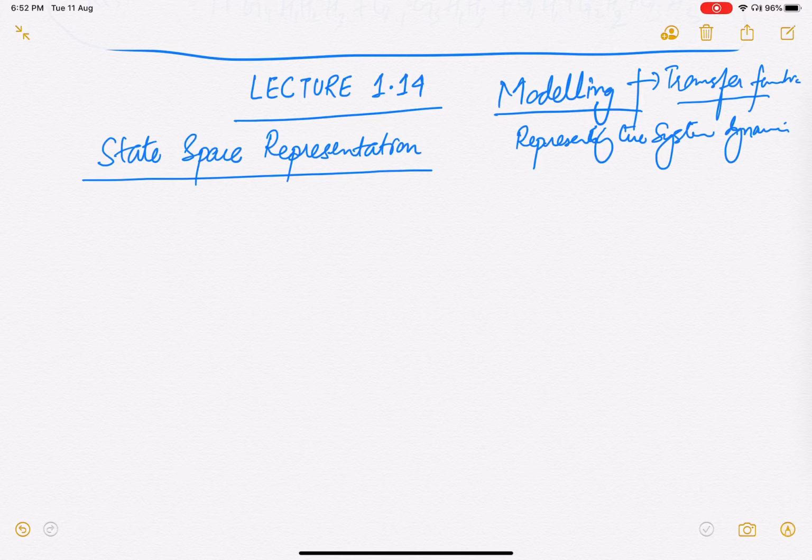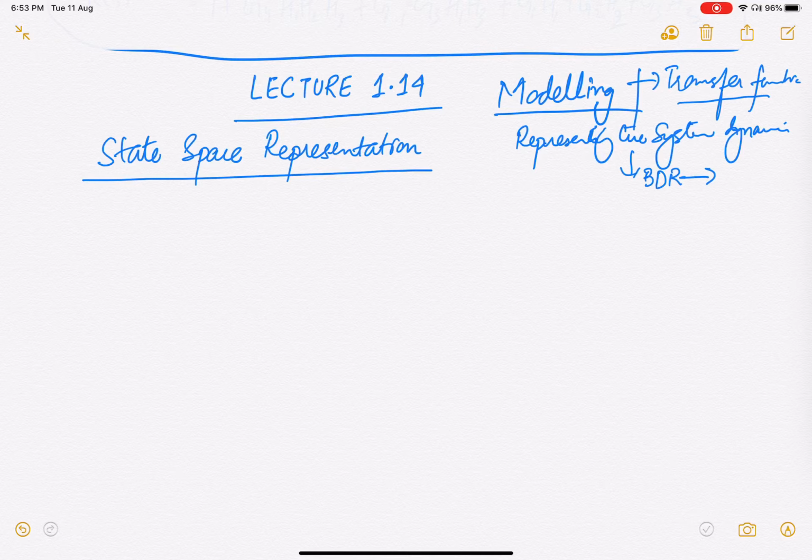And from the transfer function representation, you can go to block diagram representation of multiple subsystem systems, and then we have also seen simplification of multiple subsystem systems using signal flow graphs.